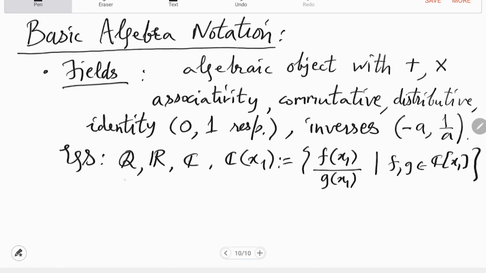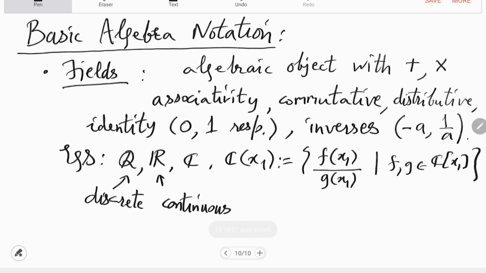So Q is kind of the most discrete field. R is a continuous field. There is a sense of continuity because for any two elements there is something in the middle, right? On the real line you cannot find two elements such that there is nothing in between. So there is a strong sense of continuity here.